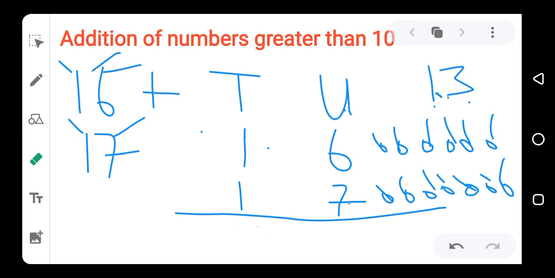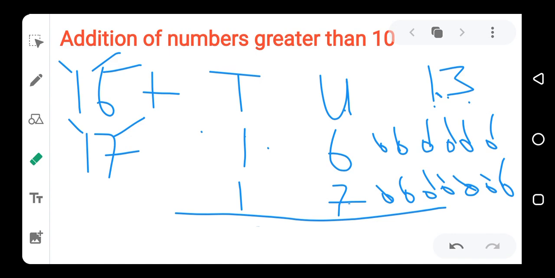We write 16: 6 under U and 1 under T. 17: 7 under U and 1 under T. Then we add 6 and 7, and it gives us 13.